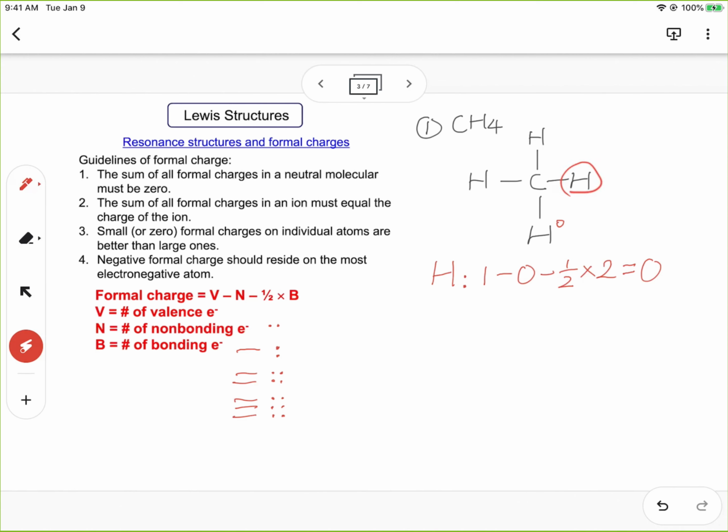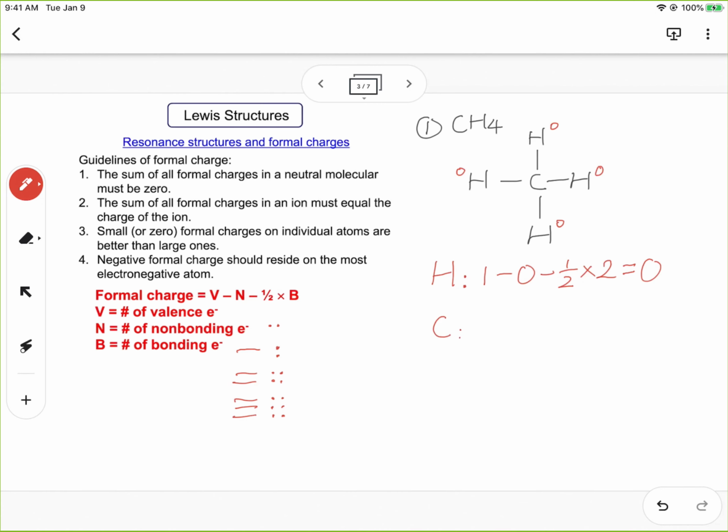The other 3 hydrogens all have the same calculation, so all of them will be 0. If you don't believe me, go ahead and check. In chemistry, we usually label the formal charge right beside an atom.